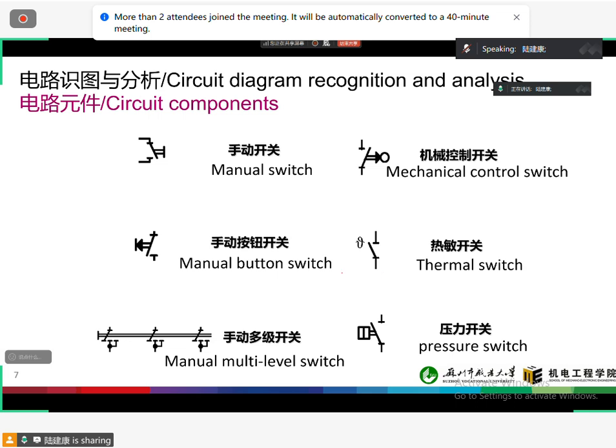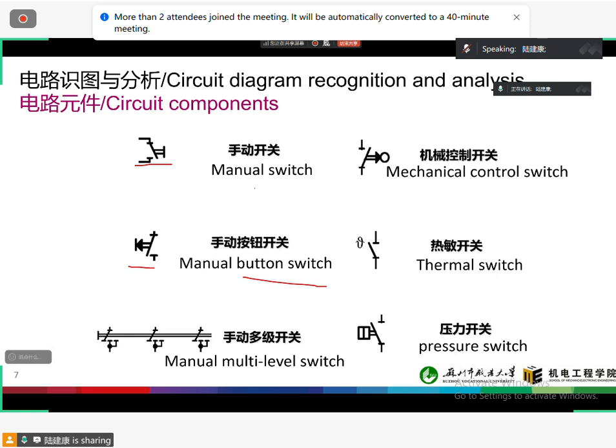And then we'll come to another part to know about some key components normally used in our circuit diagram. First, if the symbol is like this, it's a manual switch. If the symbol is like this, it's the manual button switch. The difference is this is a switch and this is a button switch.